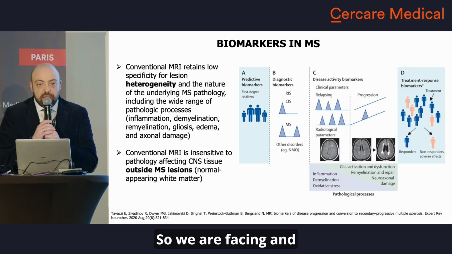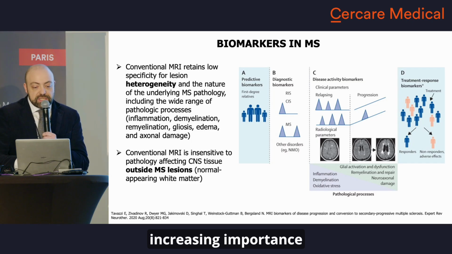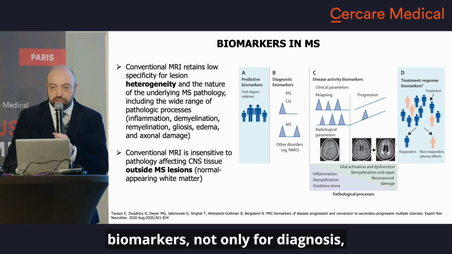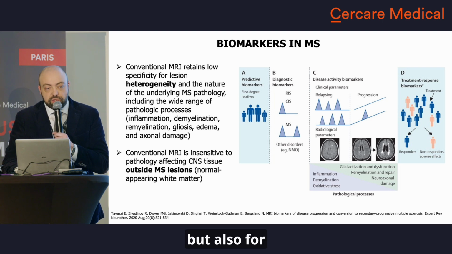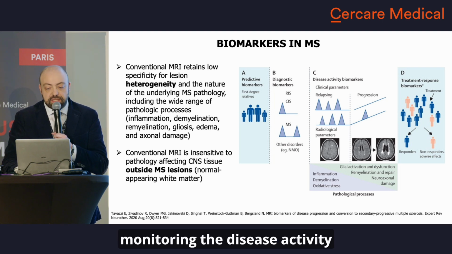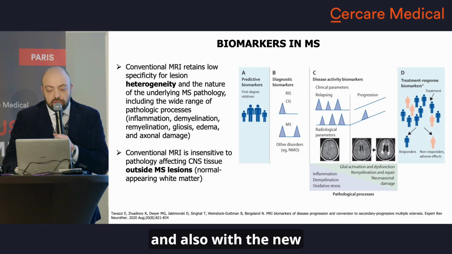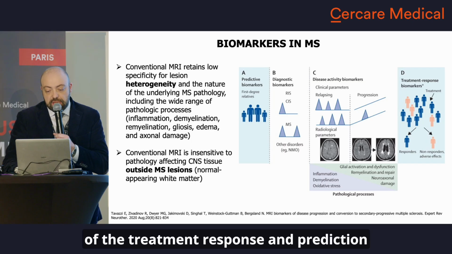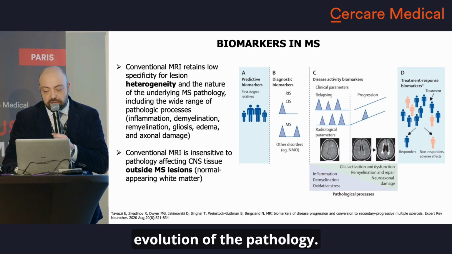So we face an increasing importance of finding biomarkers, not only for diagnosis but also for monitoring disease activity, and with new treatments, for evaluating treatment response and predicting the evolution of the pathology.